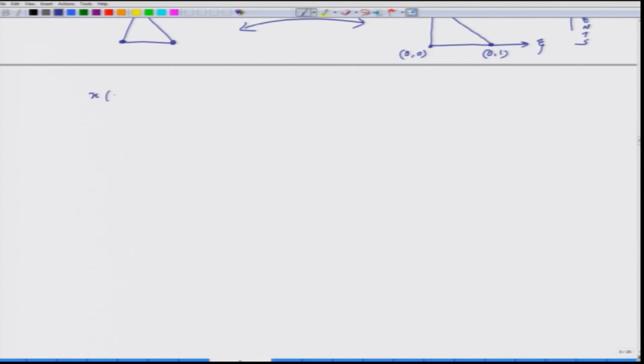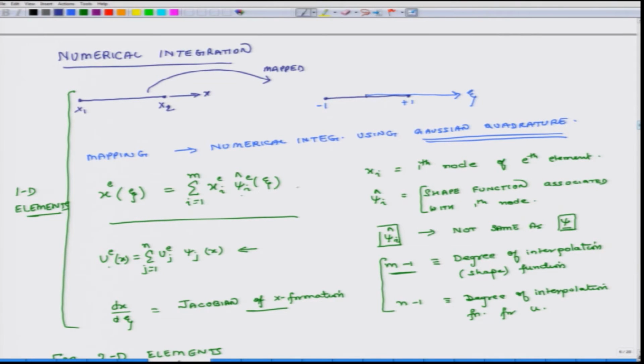So x is a function of these two parameters zeta and eta. So in our 1D we had this as the transformation, x of each element was a function of zeta, and it was this function, right.